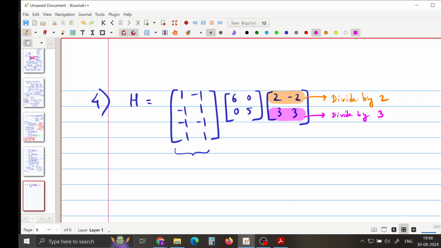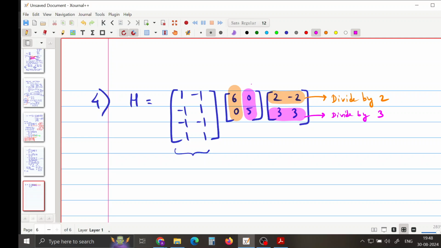Since I divided the first row by 2, for the first column I have to multiply by 2, and for the second column I have to multiply by 3. So let me use the same colors.